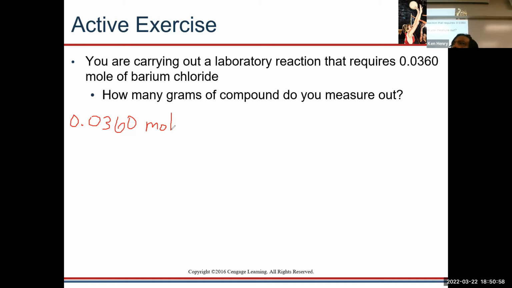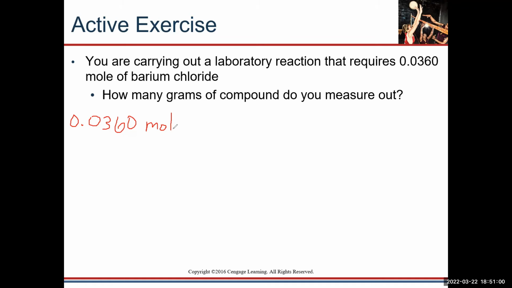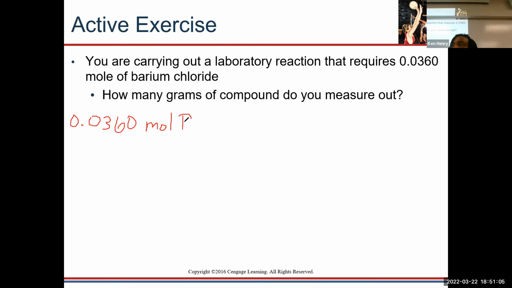What is the chemical formula for barium chloride? BaCl2. That is correct. Okay. So we're going from moles to grams.